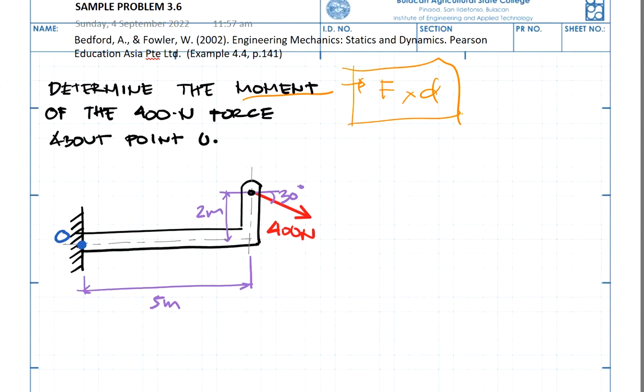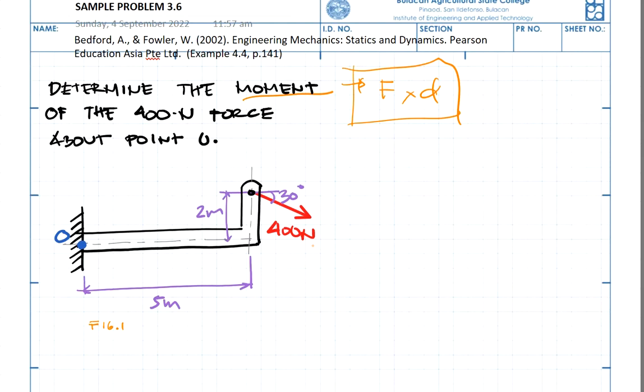First, let us read the problem. We are tasked here to determine the moment of the 400 Newton force about point O. As you can see in our figure, let us call this Figure 1, this is our given illustration, which shows the different data that we need.